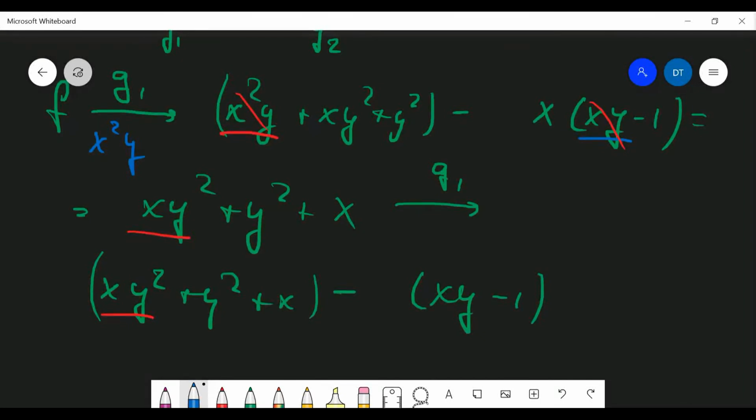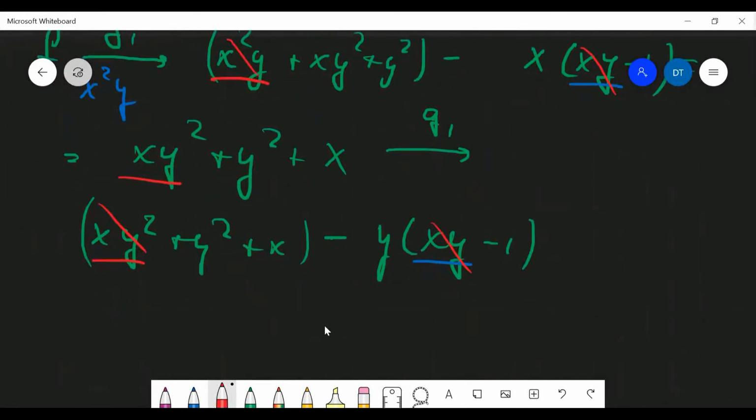This is the term I want to cancel, and here is the leading term. Here I need to multiply by y. So here we cancel this, and at the end we will get y² + x + y.